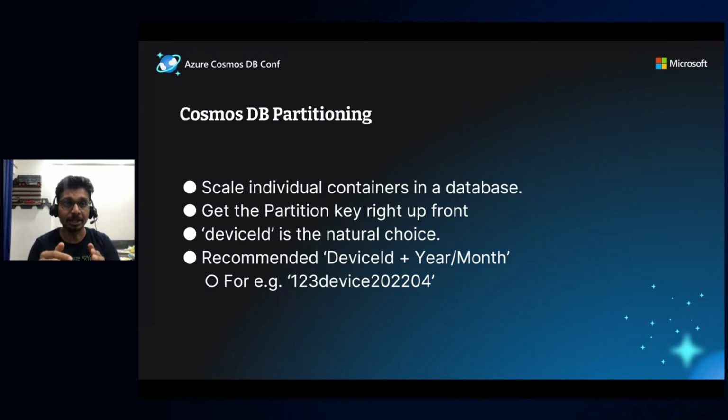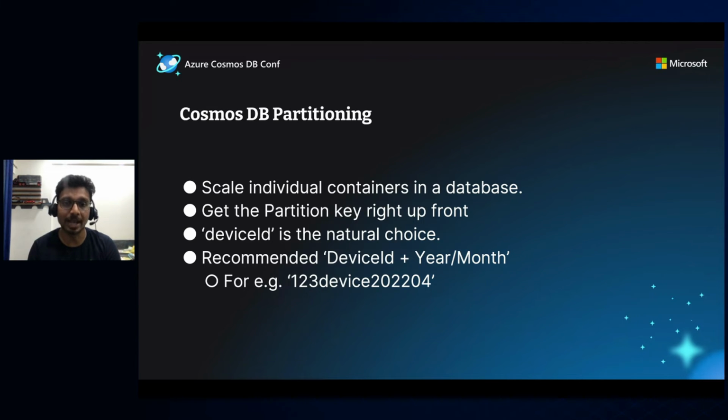There's always a limitation with each logical partition, which is 20 GB for now. So if you have a device telemetry cadence of 5 seconds, we may fill that partition sooner, probably in a year, depending again on your document size. Another, better recommended approach to choose the right partition key is to have a composite key.